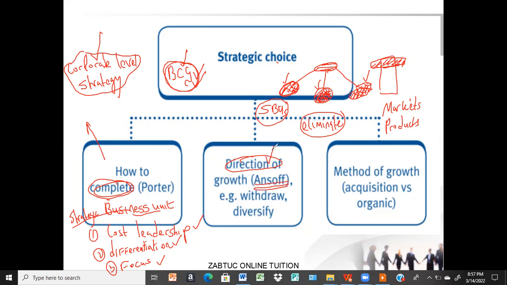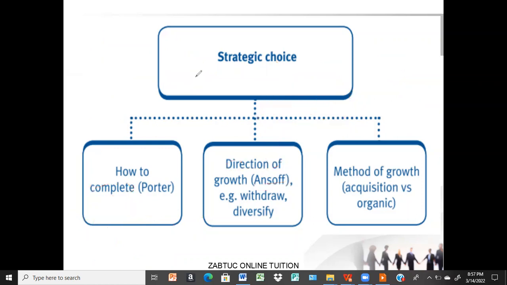We must draw the Ansoff grid to demonstrate to an organization the method of growth. Let's look at the Ansoff grid.